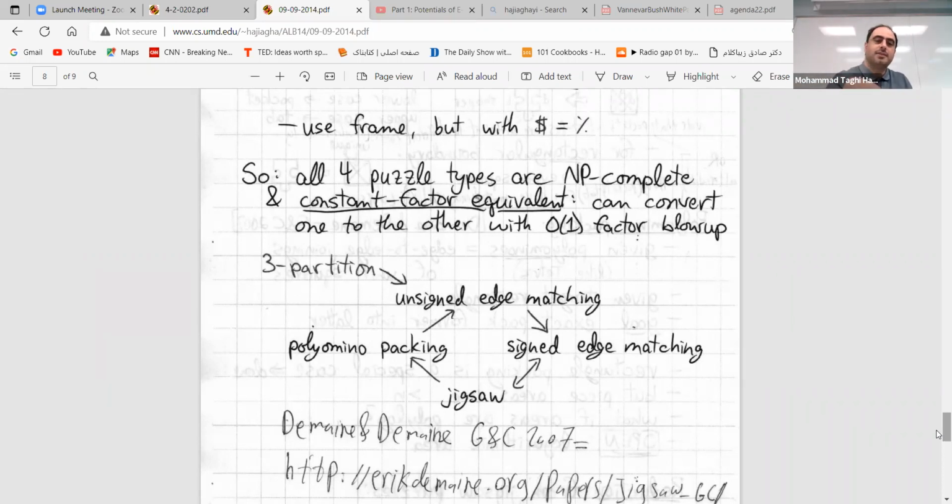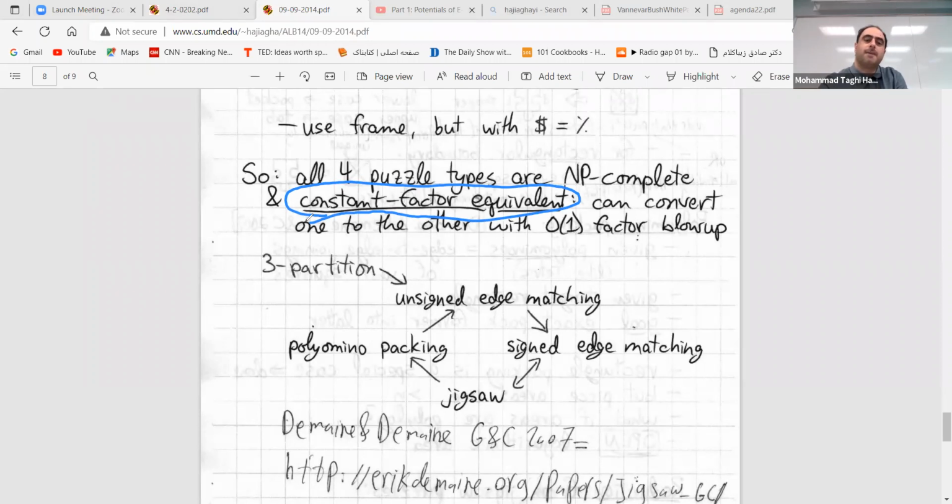Anyhow, so this is the problem that we have talked about. We talked about four puzzle-type problems, which are all NP-complete. And they are essentially constant factor equivalent to each other.